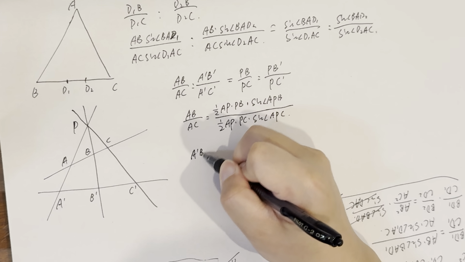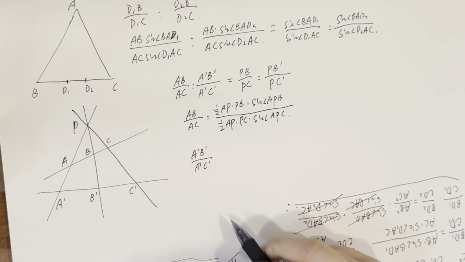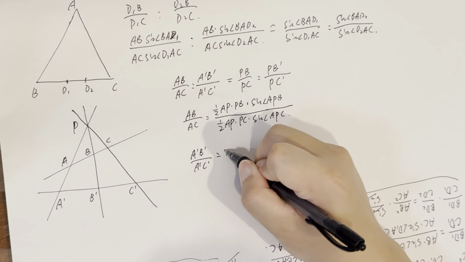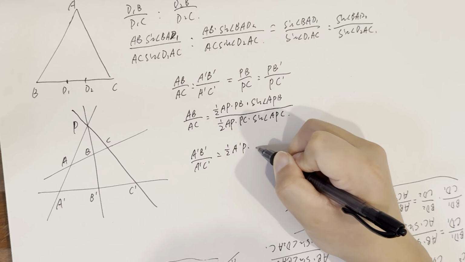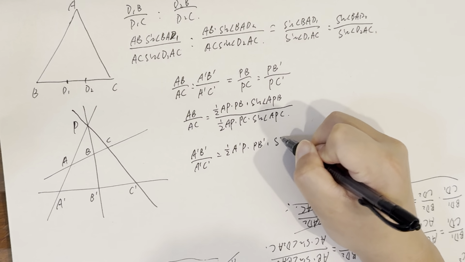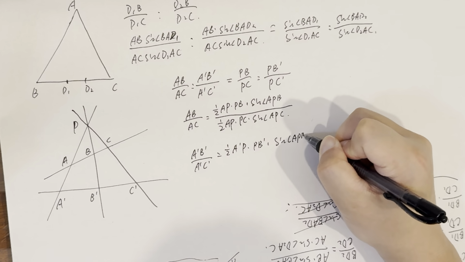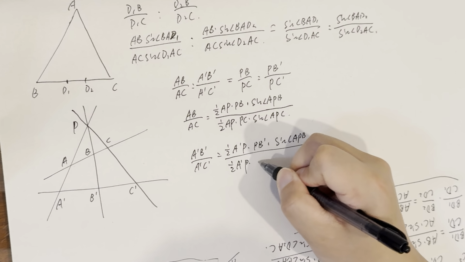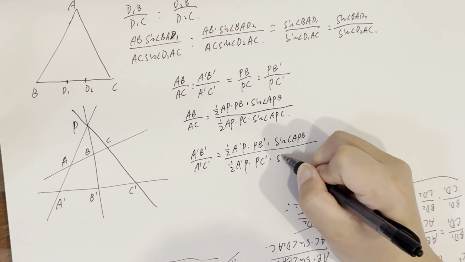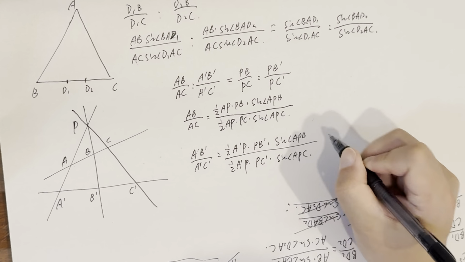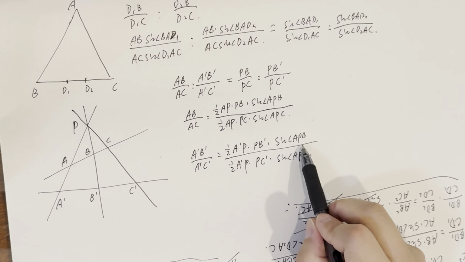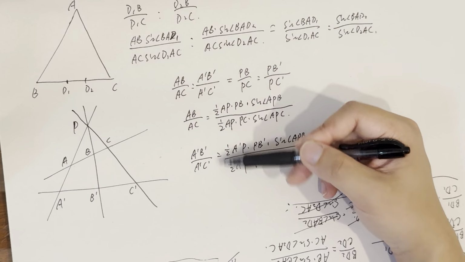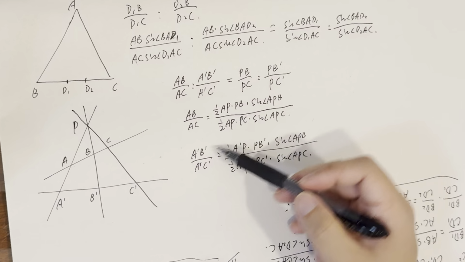And A prime B prime to A prime C prime would keep a similar equation, which is A prime P times PB prime times sine angle APB to half of A prime P times PC prime times sine angle APC. Notice that angle A prime PB equals angle APB, right? So use this one divided by this one.